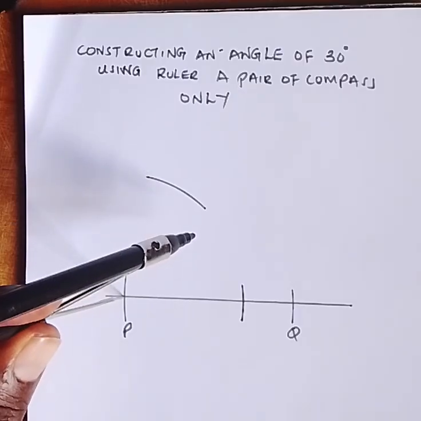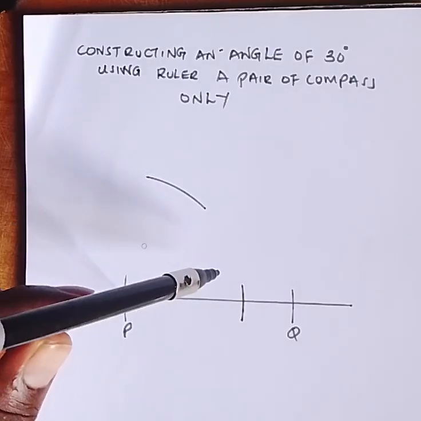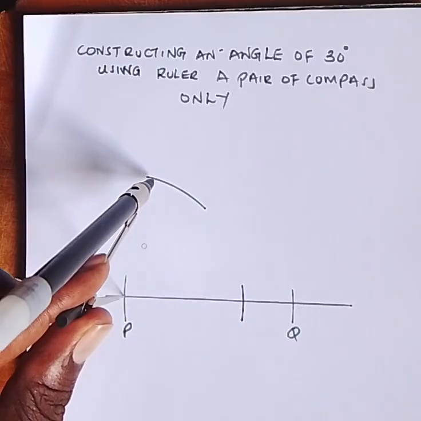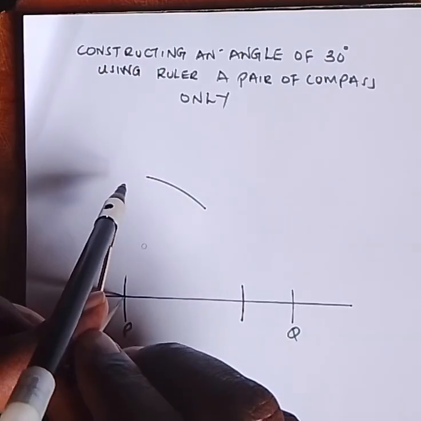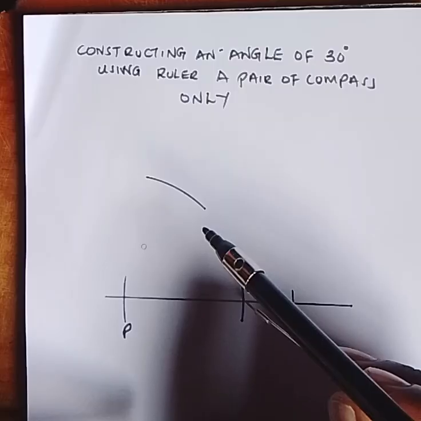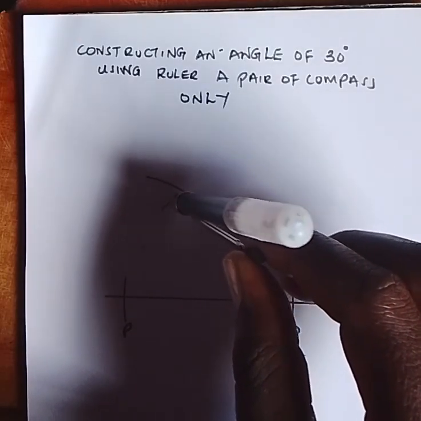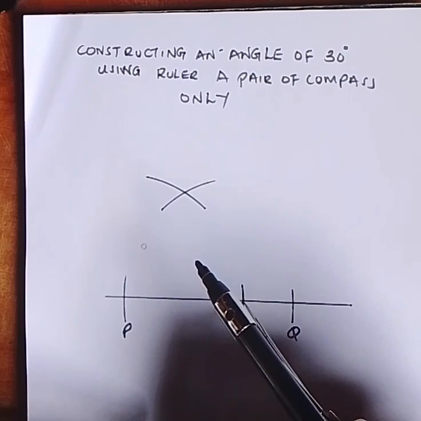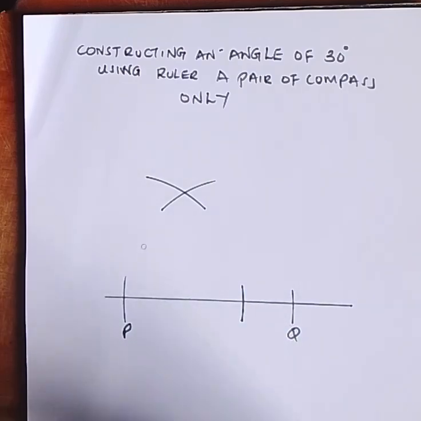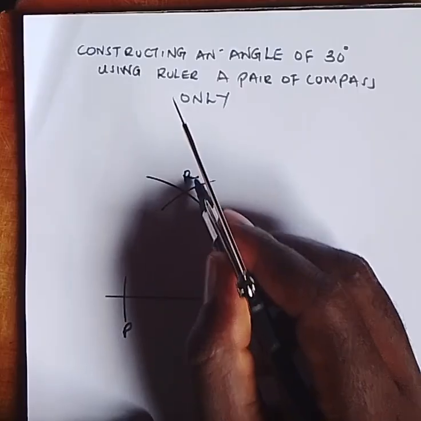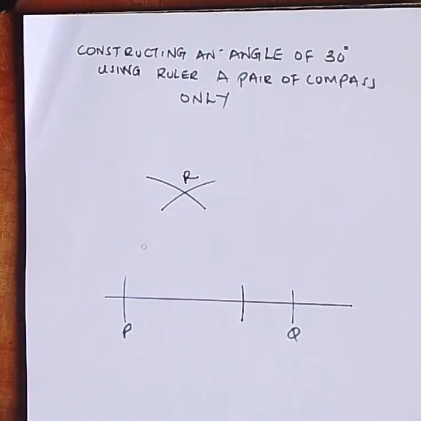Have you made the arc on the line and another one at the top here? Now, using the arc that we've made on the line and without changing the length, bisect the arc on the top there. Let that point be R. Mark that point to be R.